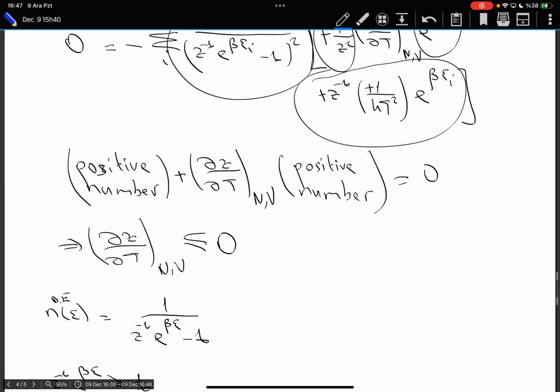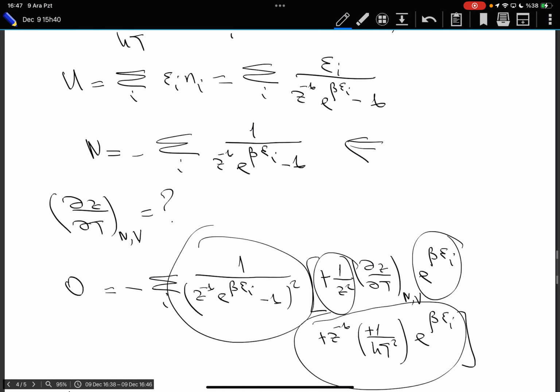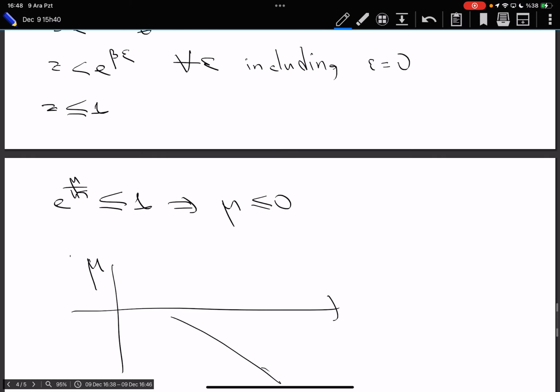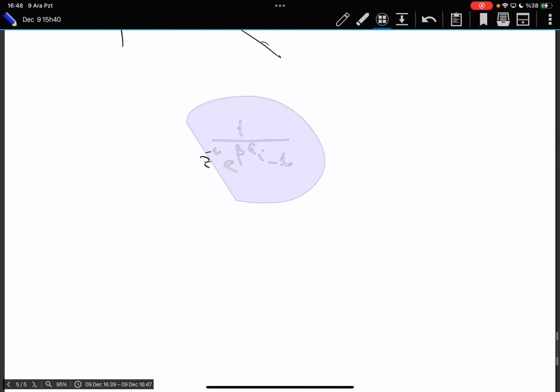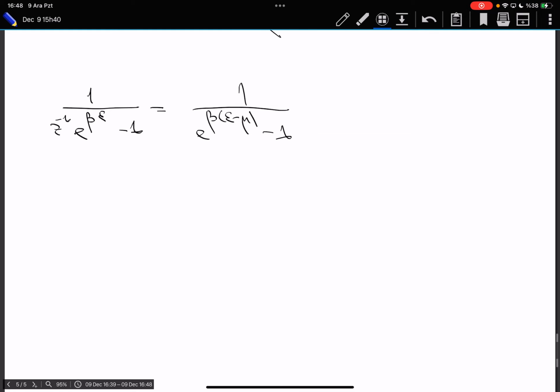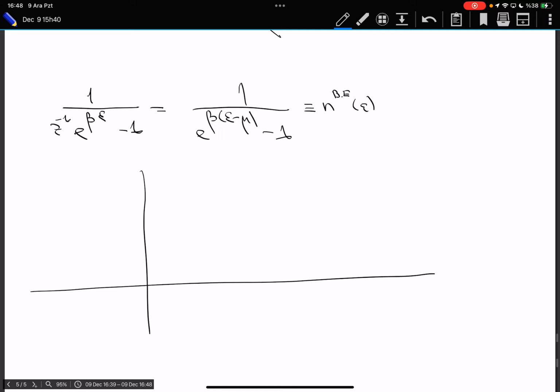By the way, there's no minus sign over here. Remember, the energy ground state is 0.